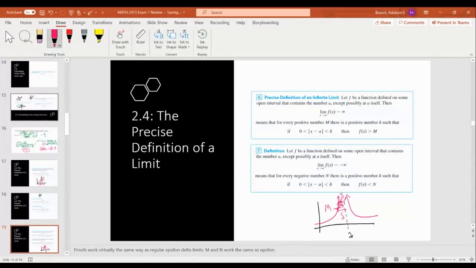And the same thing applies when you're going negative, except you can go some delta away from a and you'll hit a point, but then everything within that delta space is going to be lower than that N value that you assign.